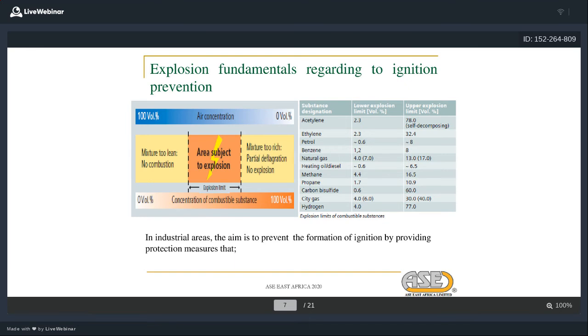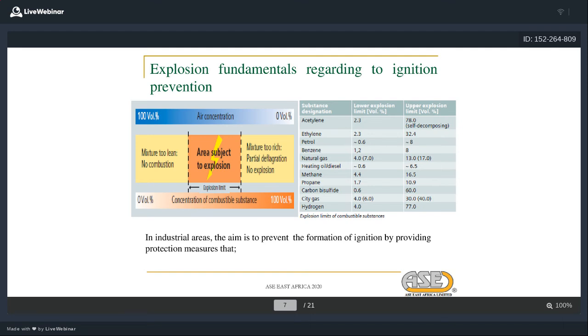For this explosion to occur, the concentration of air and the concentration of combustible, flammable materials must be in the explosive range.